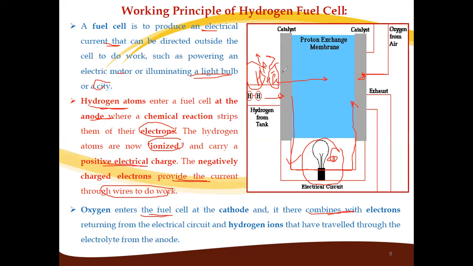And again the hydrogen, the positively charged ion of hydrogen, that is the proton, passes through the electrolyte from the anode, and the negatively charged electron passes through the electrical circuit, which produces the electricity and will illuminate this light bulb.